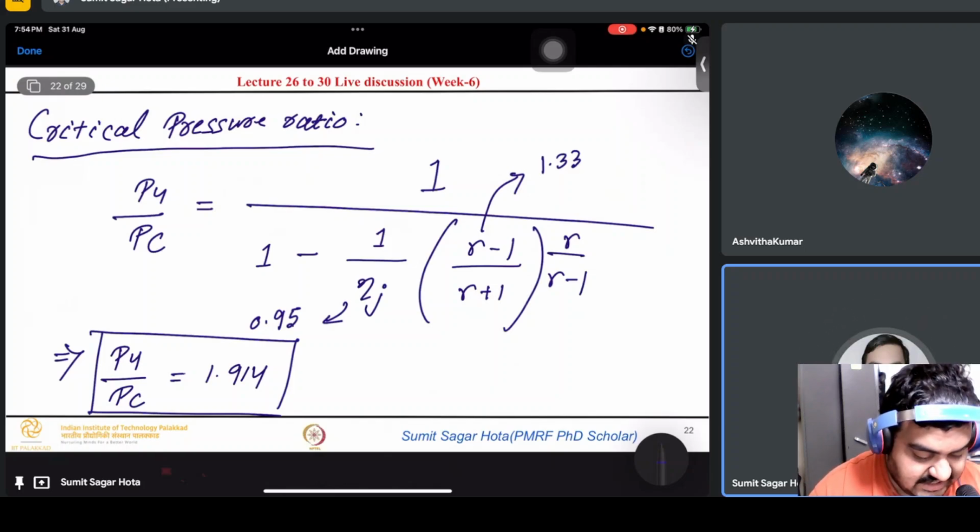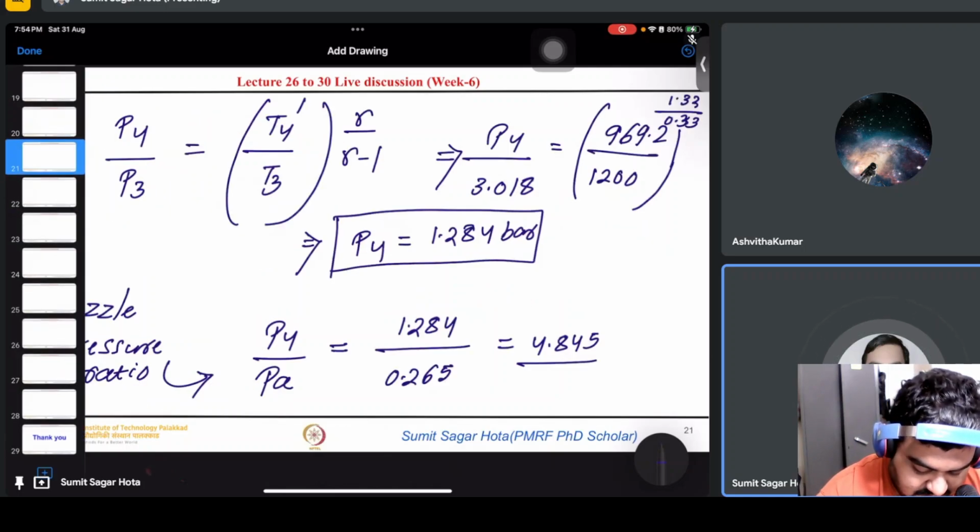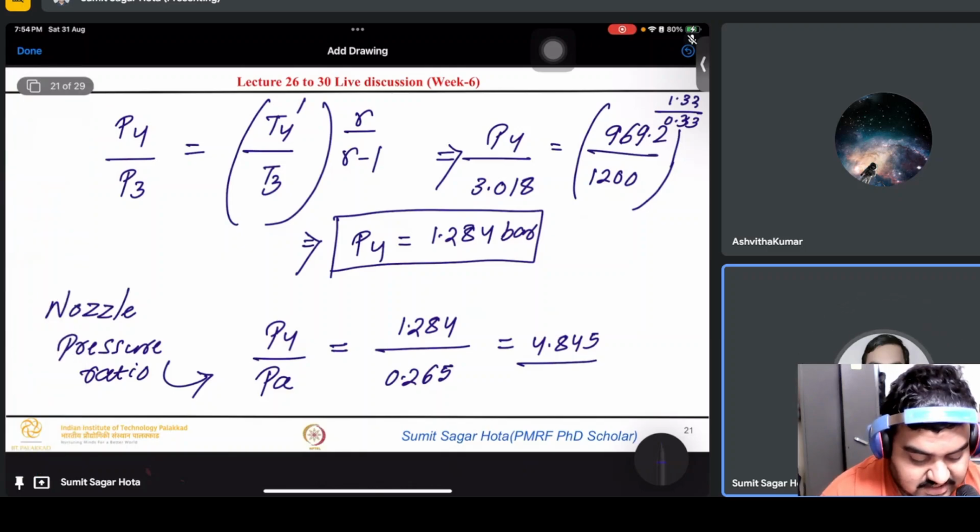So that's the idea. Now we can make a very good observation. One more question can be asked: in the problem they will give you the critical pressure ratio, which I calculated, and obviously one nozzle pressure ratio.